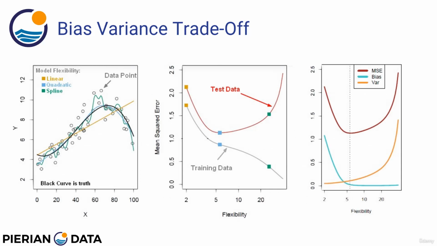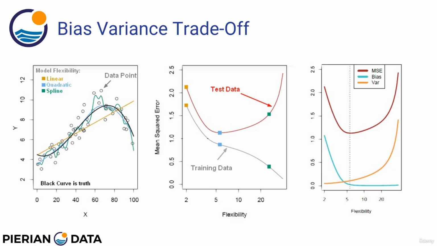The first one is the X versus the Y. And here we have model flexibility as different fits: a linear fit, a quadratic fit, or a spline fit, with each one getting more complex. So the simplest is just a linear fit. More complicated than that is quadratic, and then you can have a spline fit. And you'll notice that the black curve is the truth that the model actually follows. So all the points are just noise around the actual black curve, which is the truth.